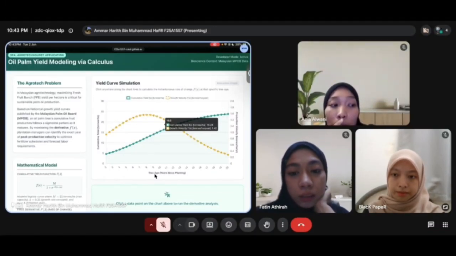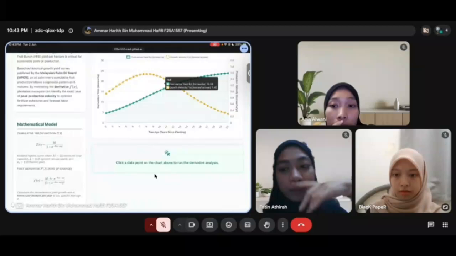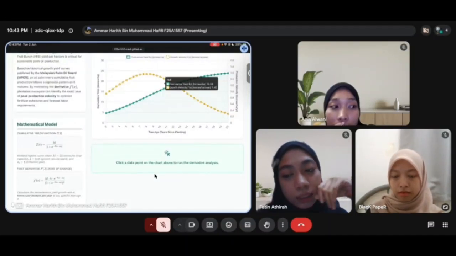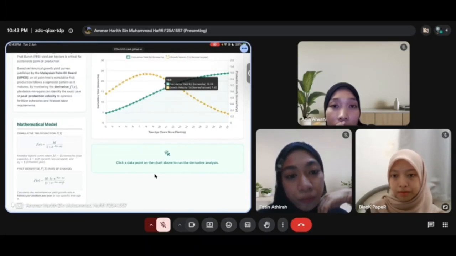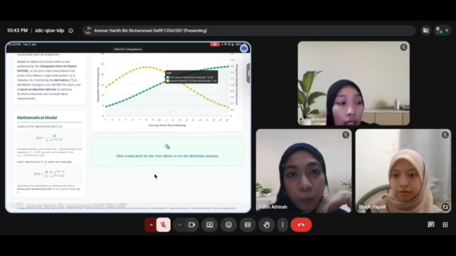To solve these problems, we use a logistic growth function. As you can see here, the cumulative yield function is f. In this equation, M represents the maximum yield capacity, which is 25 tons per hectare.